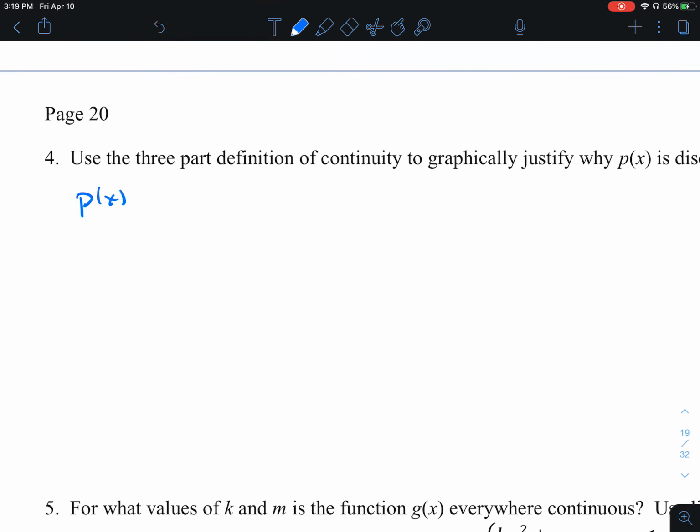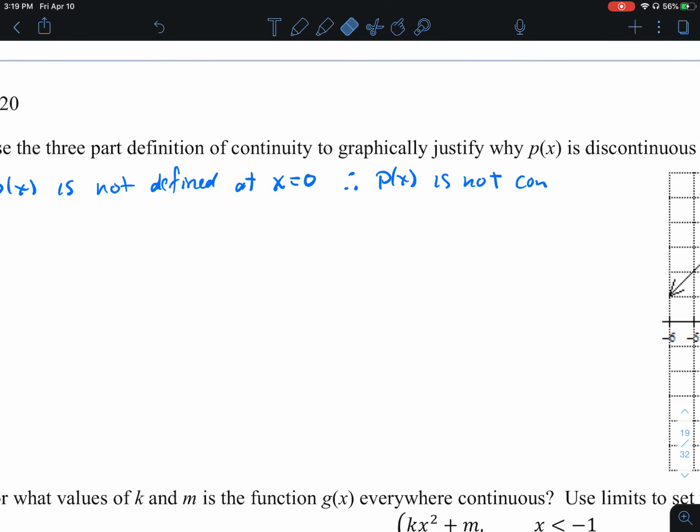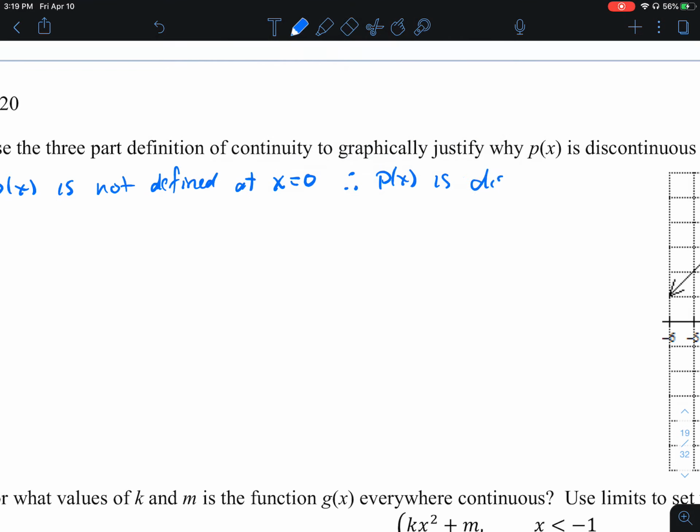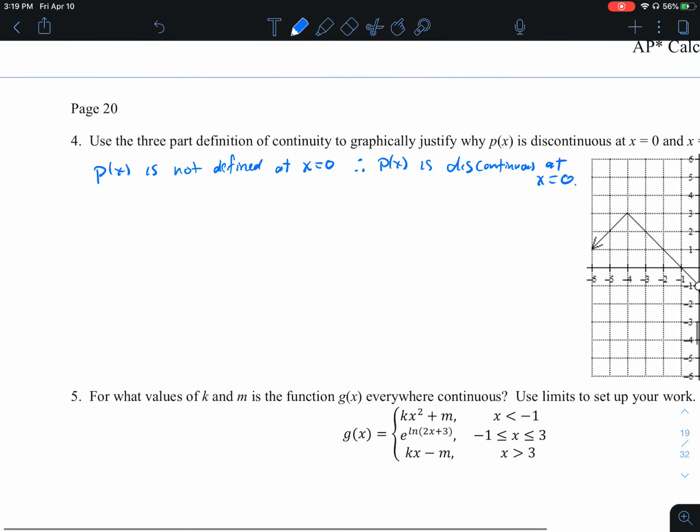Therefore, p of x is not, it says to use the word discontinuous, so I'm going to use that word. Is discontinuous. This means the same thing as not continuous at x equals 0. That was easy.